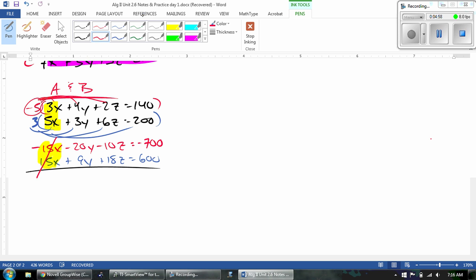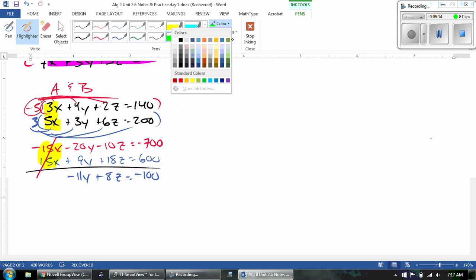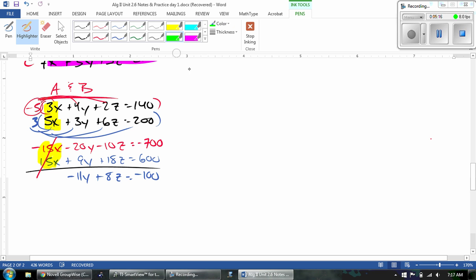So what are we left with? Well, -20 plus 9 is -11z. Negative 10 plus 8 is plus 8z. And negative 700 plus 600 is negative 100. Okay, so that is our first equation.